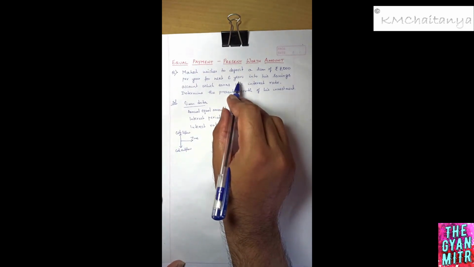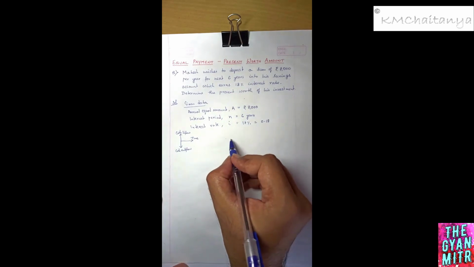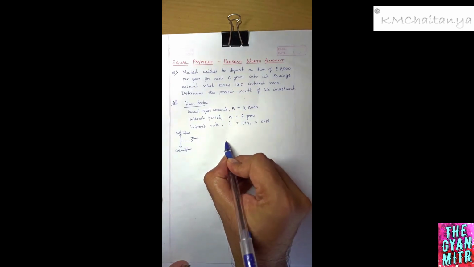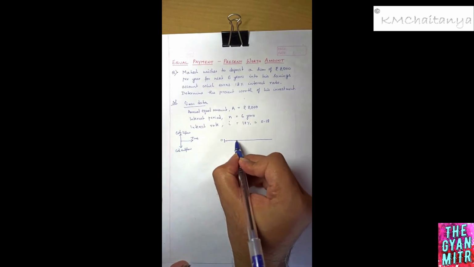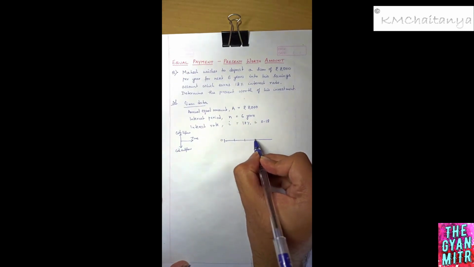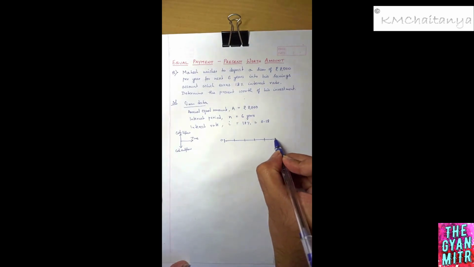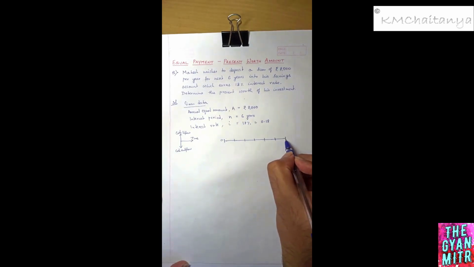Now I'll draw the cash flow, starting with 0, 1, 2, 3, 4, 5 and 6.